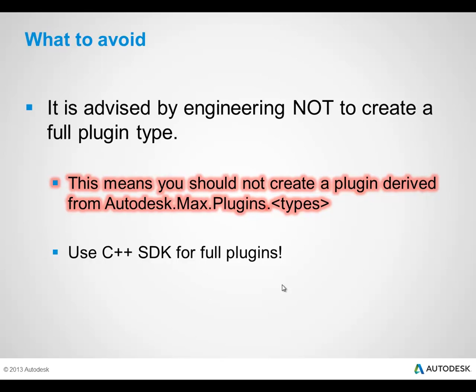So you should not create a plugin derived from anything in the Autodesk.Max plugins type. Okay? So you'll see in plugins, for example, utility object. You might be tempted, oh, I want to create a utility object, derive from it, and it will show up in the utility panel. It might work, but it's not supported, and we've had a lot of problems with people trying it.